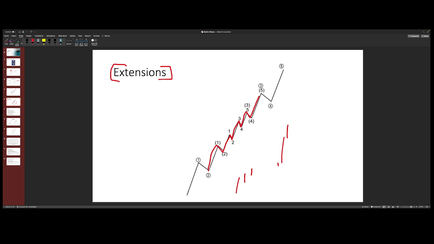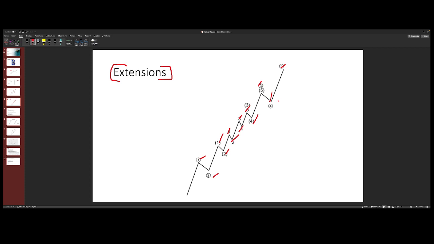The other variation of the impulse is when you have a 5-wave movement, just like in here, inside a 5-wave movement. So in this case, creating a total of 13 waves for an impulse. You have your 1, 2, 3, 4, 5, 6, 7, 8, 9, 10, 11, 12, 13.